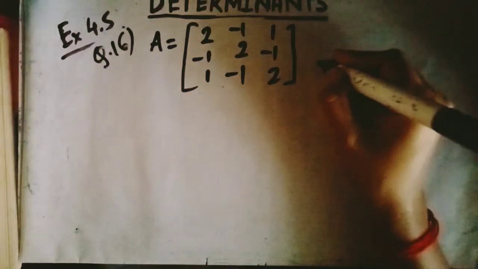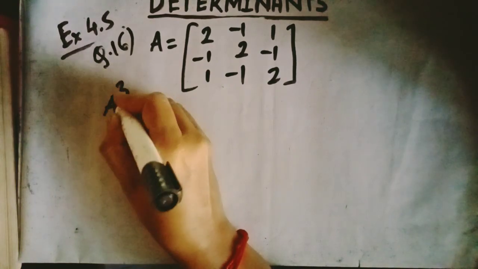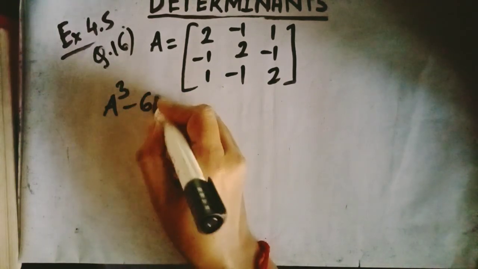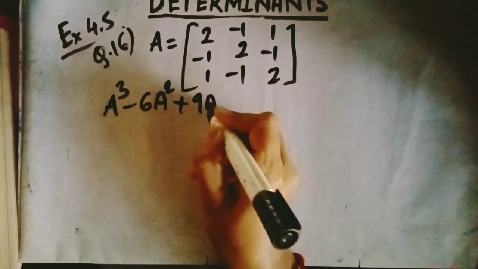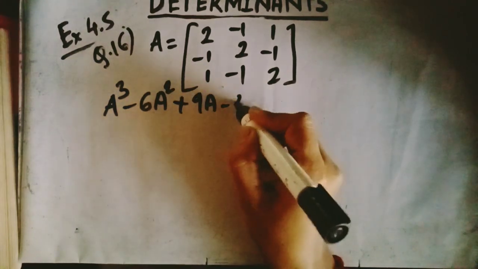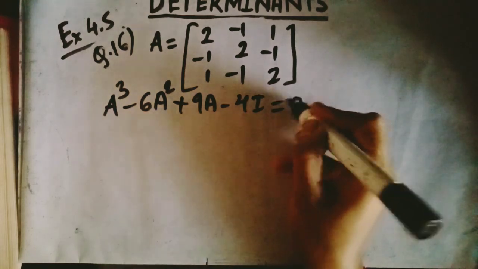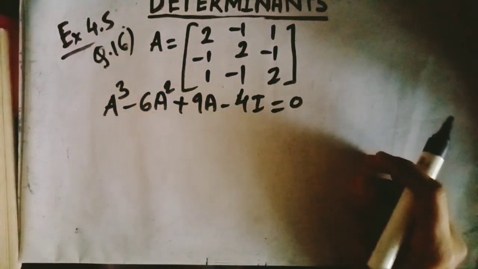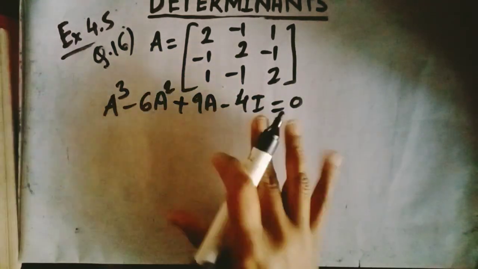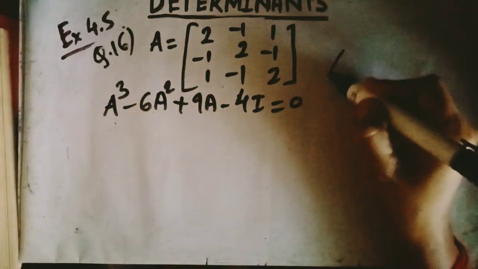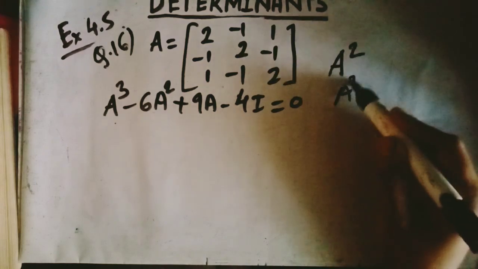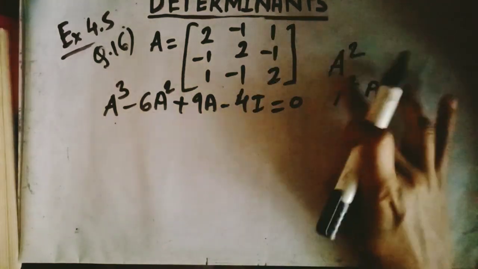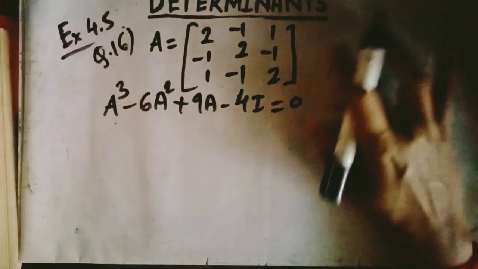To verify, you have to verify A cube minus 6A square plus 9A minus 4I equal to 0. First you have to find A cube. You find A square, that is A into A, and then you multiply that A square with A. That will give you A cube.